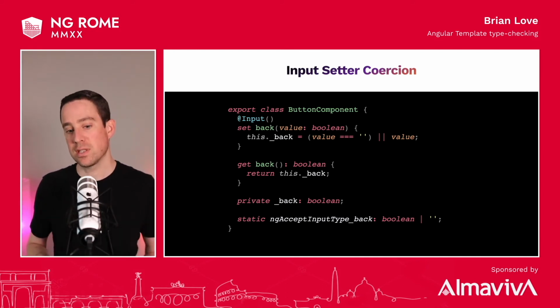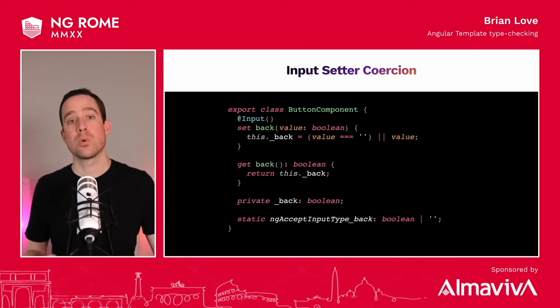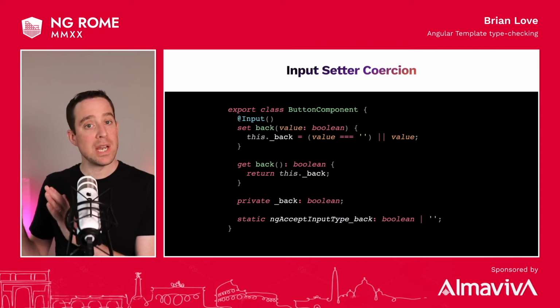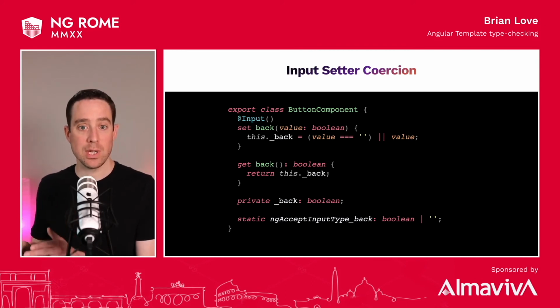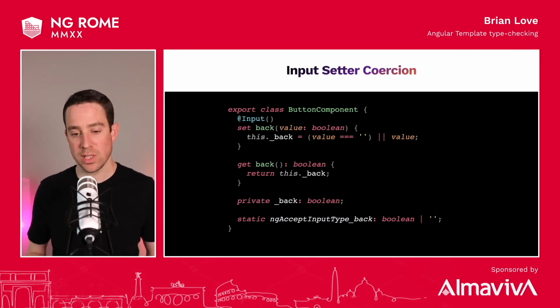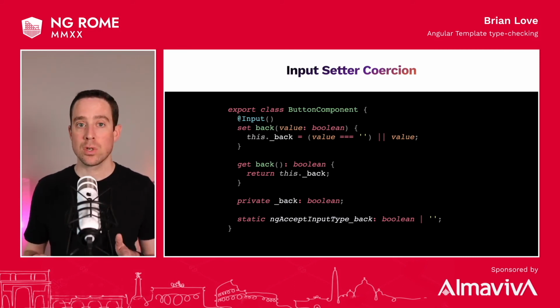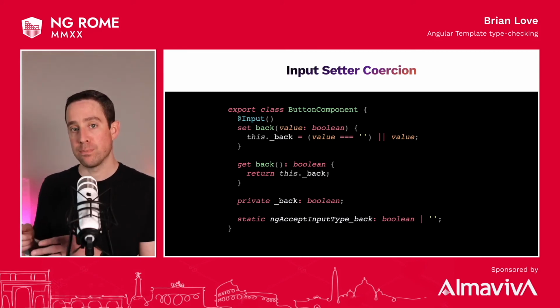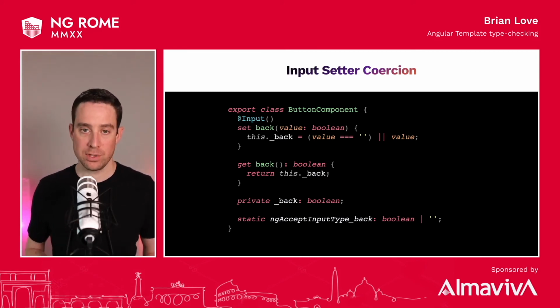The compiler is going to look at this and say, aha, okay, you want to coerce the type here. So after the underscore, you put the name of the input property that you want to coerce, and then you set the typing accordingly. So in this instance, we're coercing the back input property to be either a Boolean or an empty string.